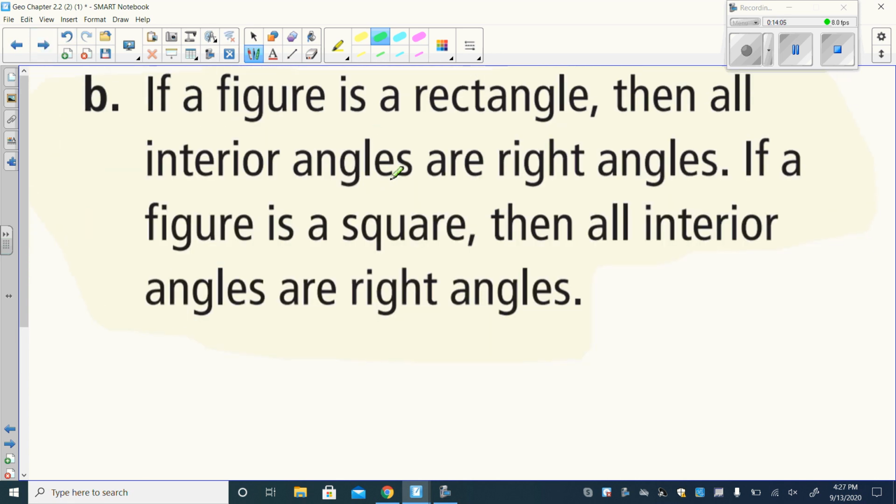Now that brings us to the last one. This one here is the last one we're going to do. If a figure is a rectangle, then all interior angles are right angles. If a figure is a square, then all interior angles are right angles. So I noticed that all interior angles are right angles is in both.